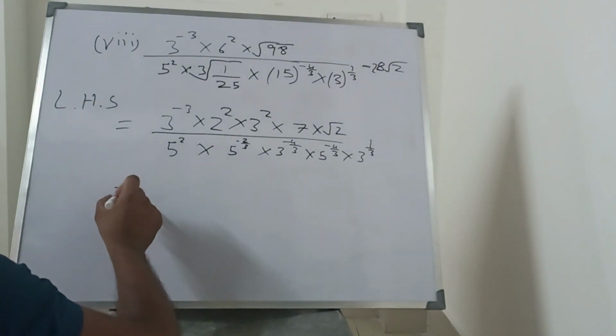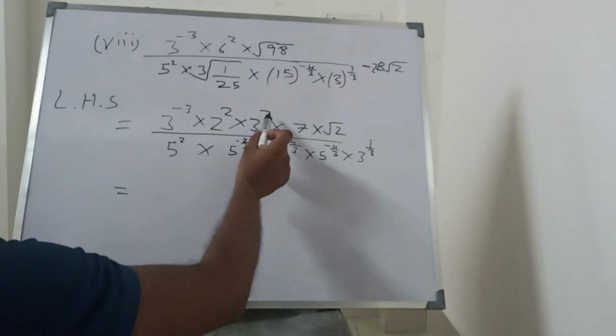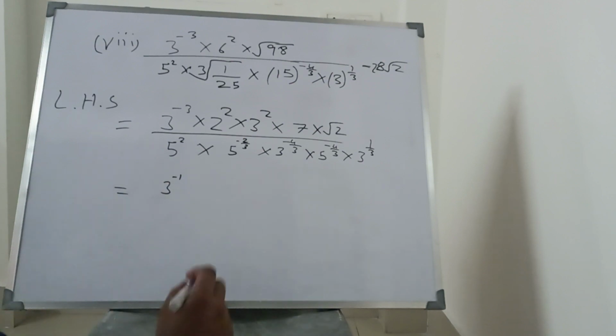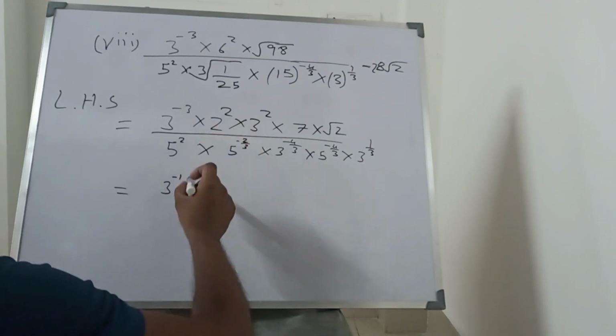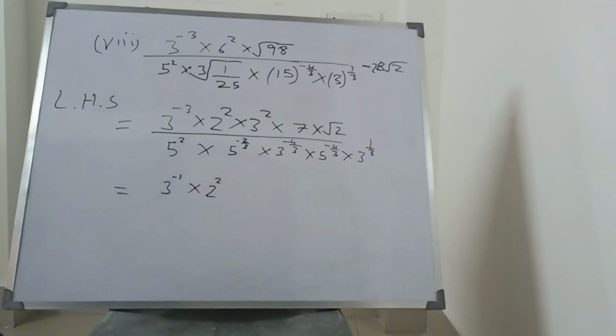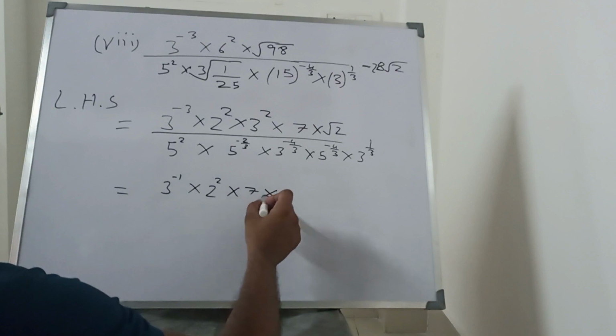So if you do the further calculation, this 2 and minus 3 get cancelled as 3 to the power minus 1. So this 2 square is left with 2 square into 7 into root 2.